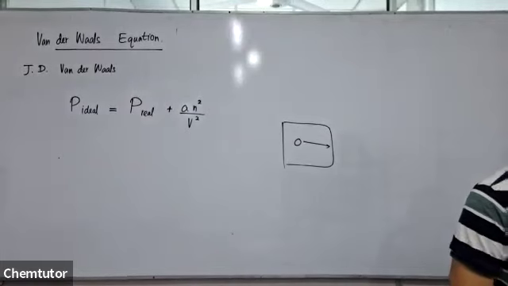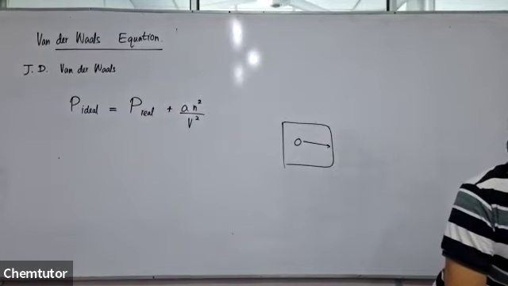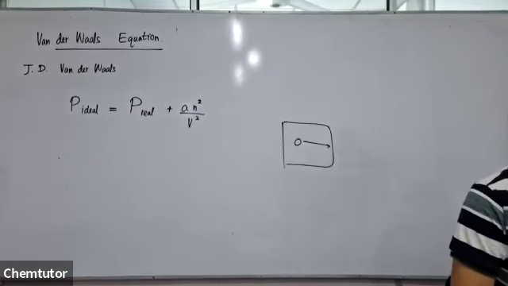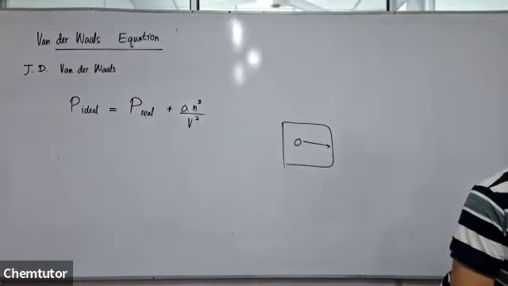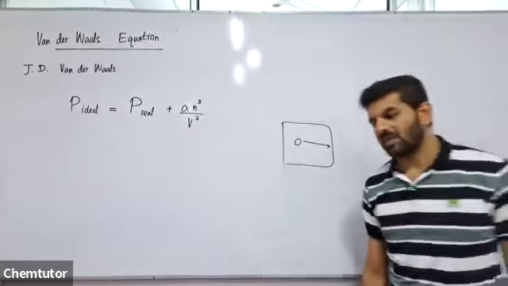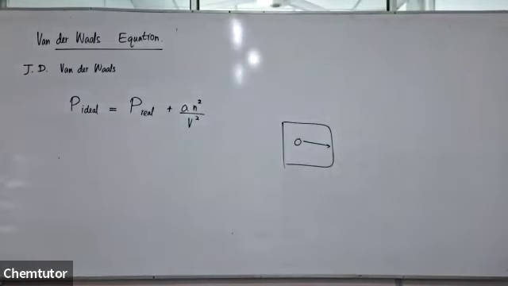Then the ideal volume should be less than the measured volume, because a significant volume has been occupied by the gas molecules.